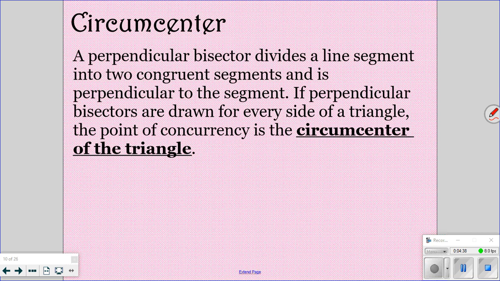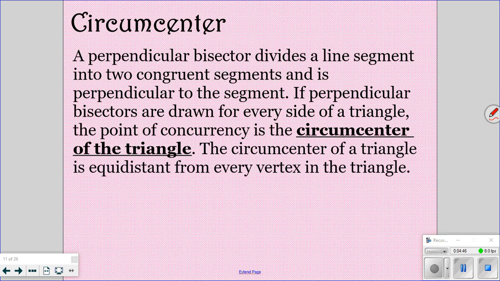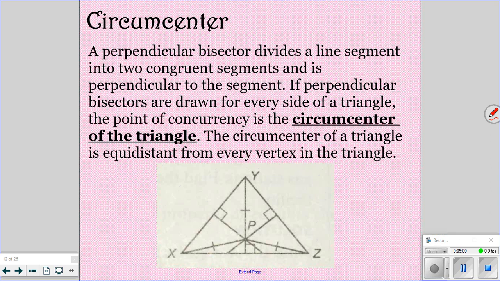When you draw your three perpendicular bisectors, the point of concurrency is called the circumcenter. And the circumcenter is always equidistant from every vertex in your triangle. So the incenter was equidistant from the sides. The circumcenter is always equidistant from the vertices. So that would be your circumcenter.